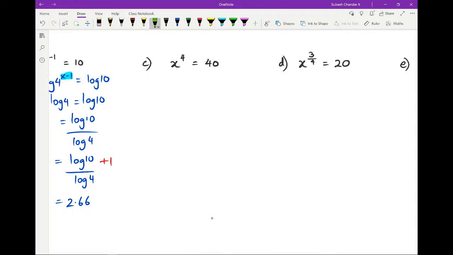If you're dealing with single digits, like here I've got x to the power of 4, I'm just going to rewrite that as x to the power of 4 over 1. And then if you want to actually figure out what x is, you just got to write this as x is equal to 40 to the power of 1 over 4.